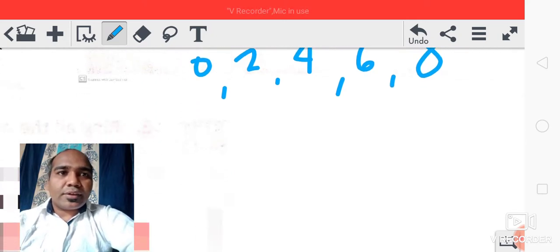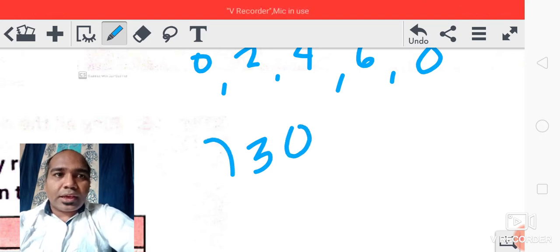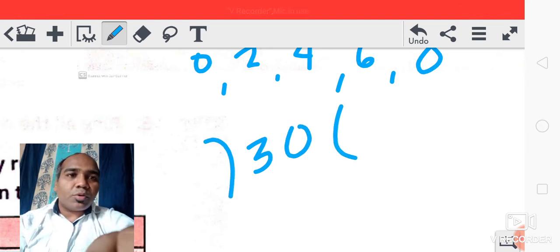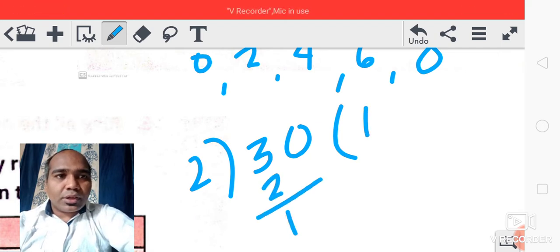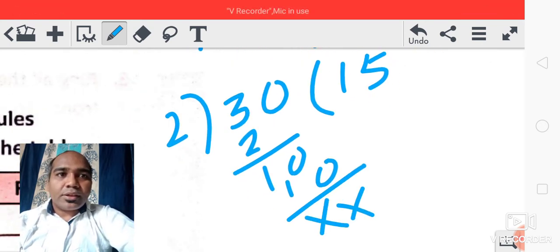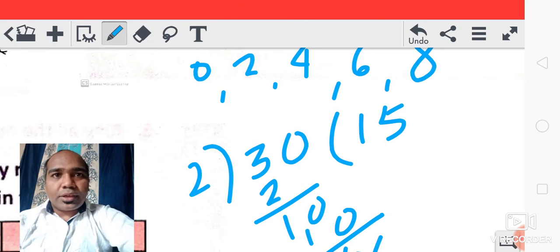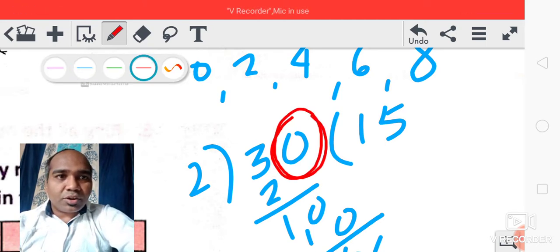Suppose I take 3030 and I ask whether it is divisible by 2 or not. So 2 1s are 2, 3 minus 2 is 1 and 0. 2 5s are 10. It is getting divisible. Can you see the last digit here? It is 0.